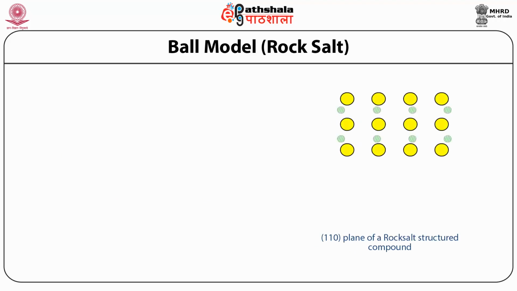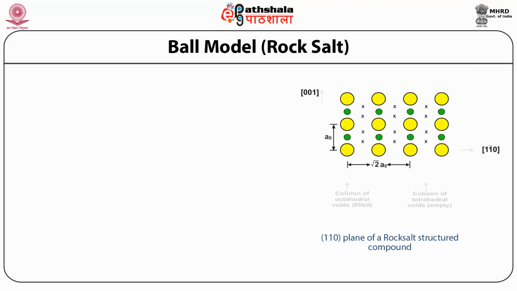So students, you can see in this figure that the 100 plane of the rock salt structure is shown. You can see there are 2 types of atoms present, yellow and green, which we have categorized into M and X categories.